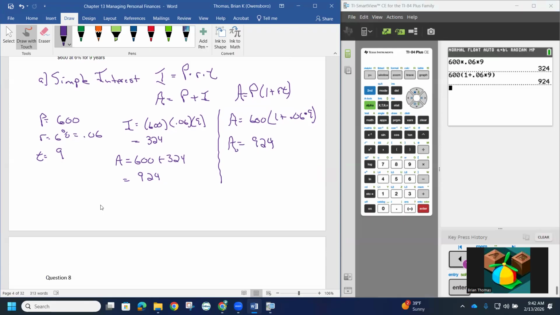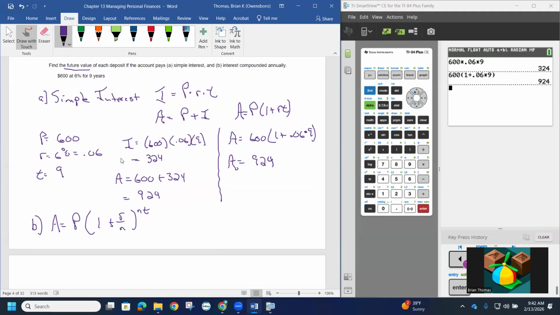Now, part B says do this by compounding. Our formula for the final amount was the principal times 1 plus R over N, raised to the NT. So we need the principal, the rate of interest, and the time in years.